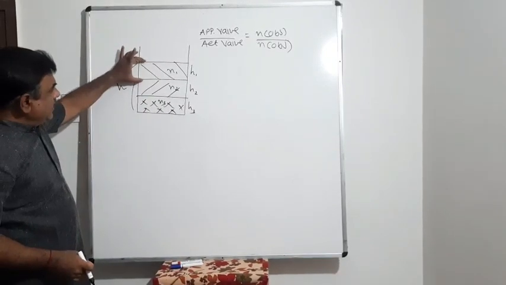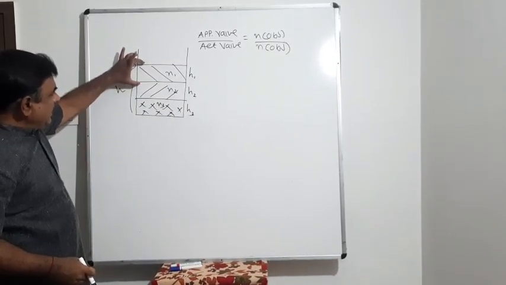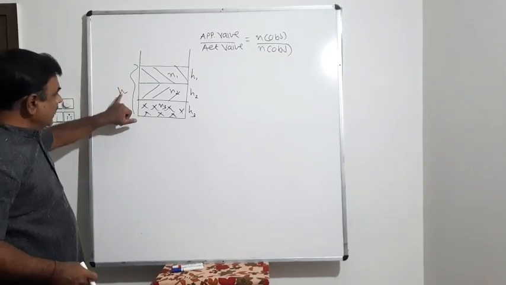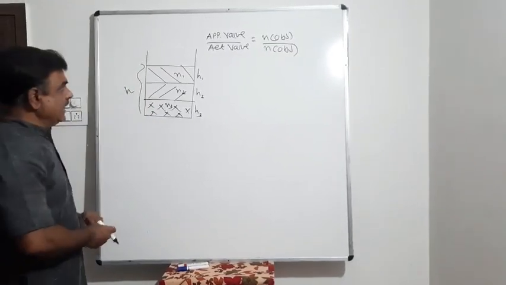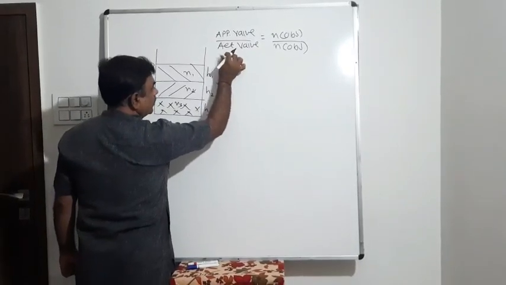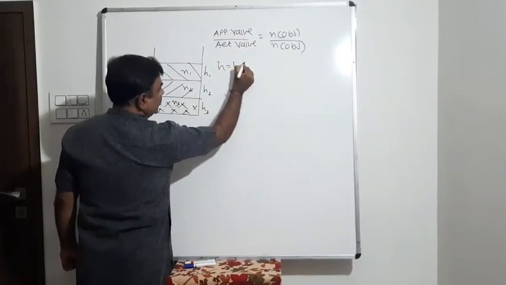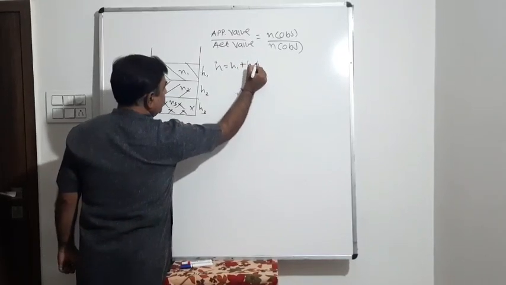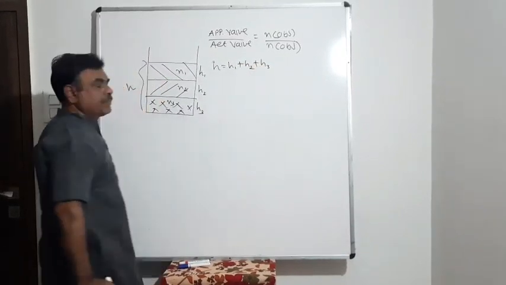This combined medium, first part having h1, h2, h3, I can treat as a single medium of height h. In that case, h will be equal to h1 plus h2 plus h3.